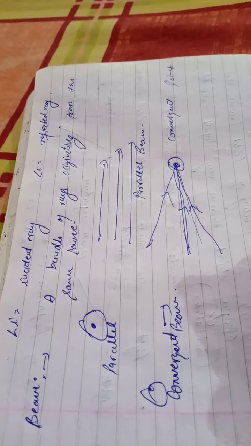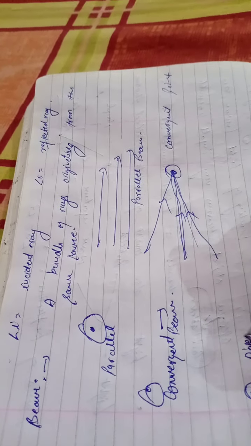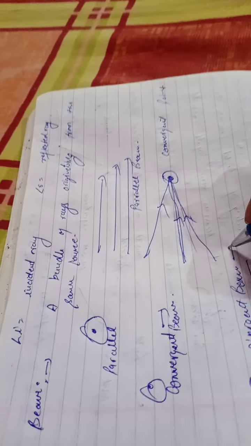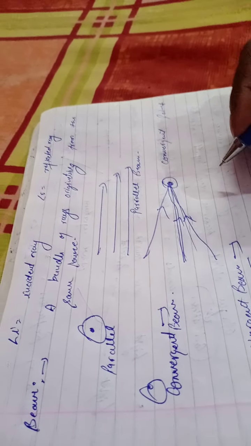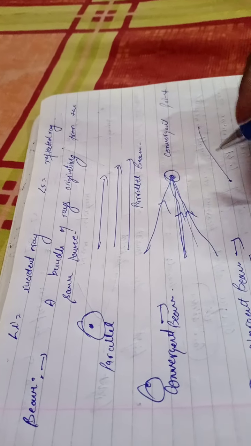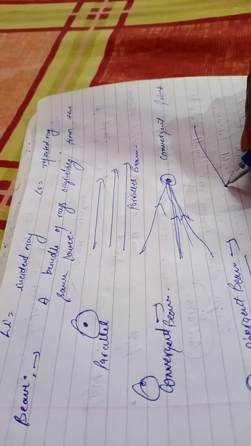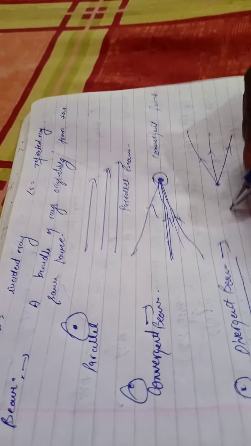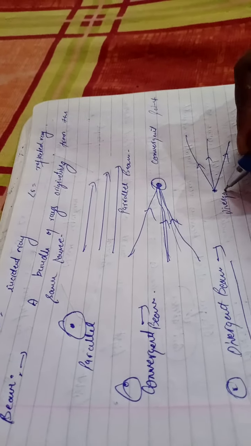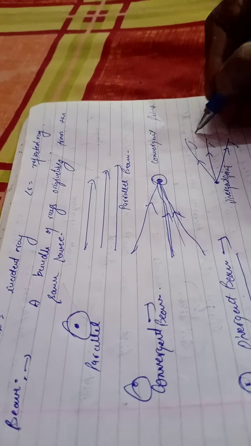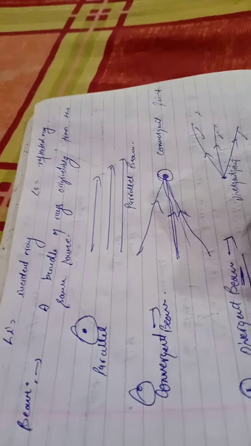Then come to the next, the divergent beam. In the same way, when rays actually diverge from a single point, this one and this one, this is called the divergent point, and this is called a divergent beam. Okay.